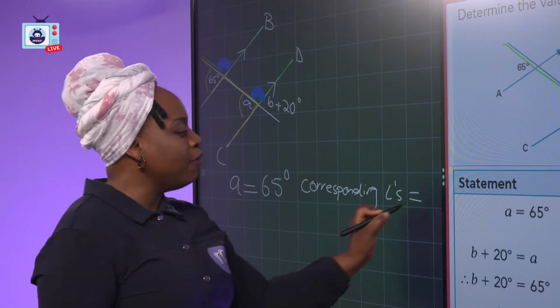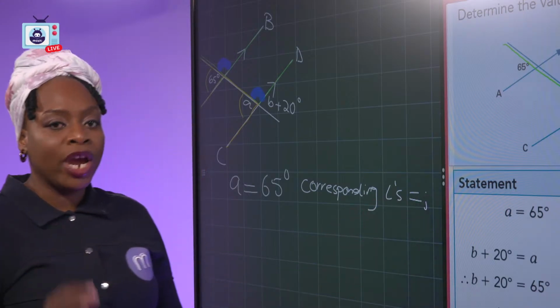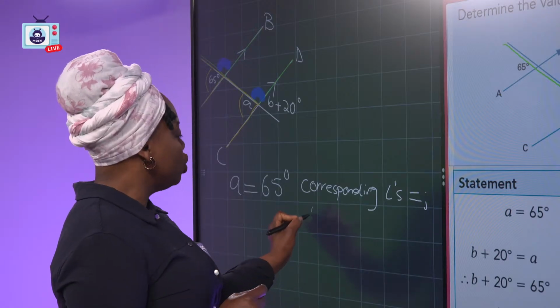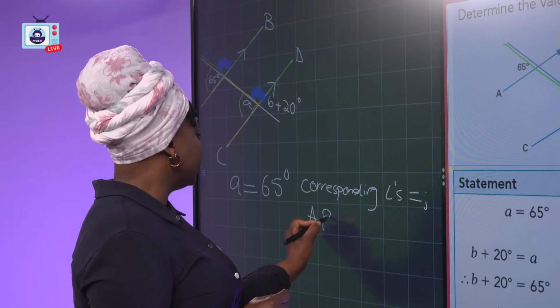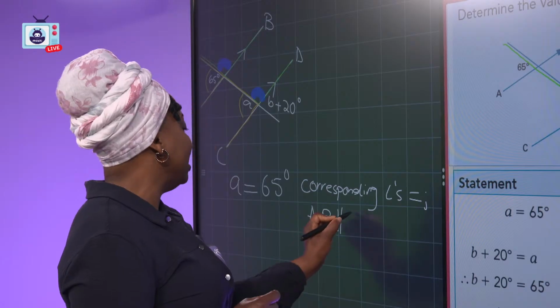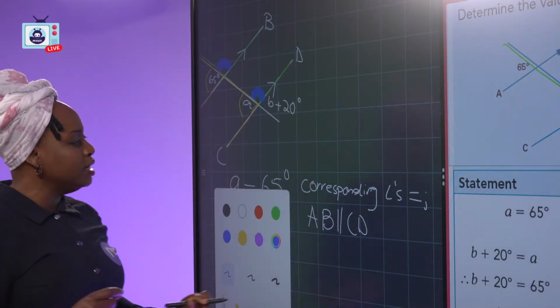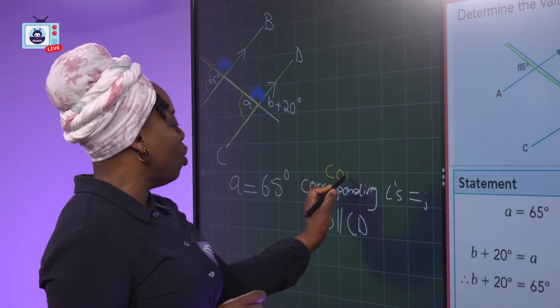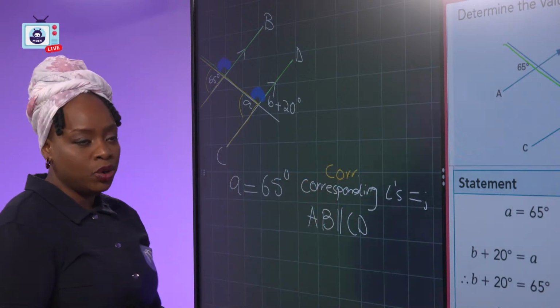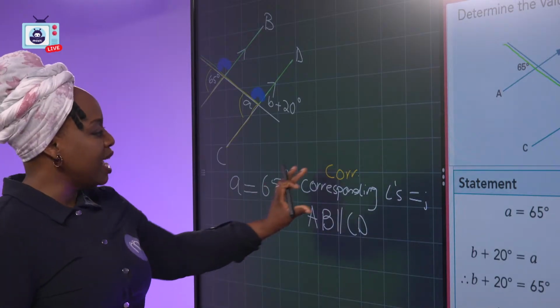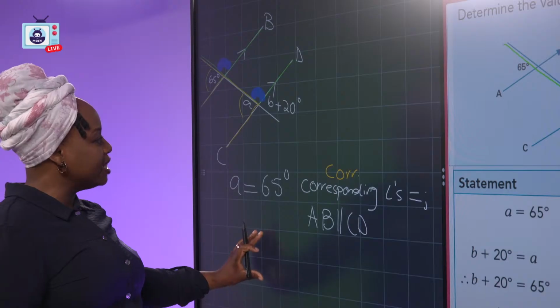You literally have to specify which lines are given to be parallel for that to happen. So you're going to say, because AB is parallel to CD. We can summarize the word corresponding by just writing C-O-R-R and putting a dot, or C-O-R-R-E-S-P, but then we know that corresponding angles are equal.